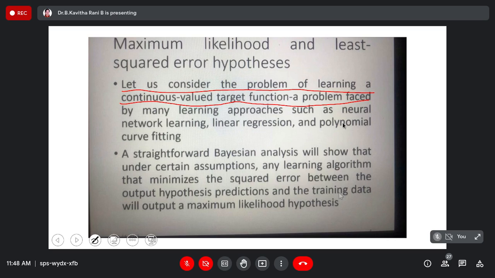If this squared error is minimized, then we can find the maximum likelihood hypothesis. So that is the maximum likelihood and least squared error hypothesis. How are we going to find it?